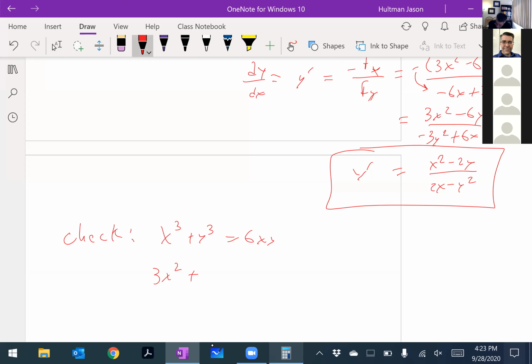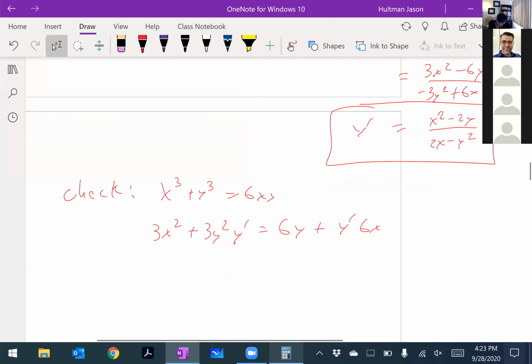The derivative of y cubed is 3y squared y prime. That is equal to, this is going to be a product rule, 6 times the derivative of the first times the second plus the derivative of the second times the first.